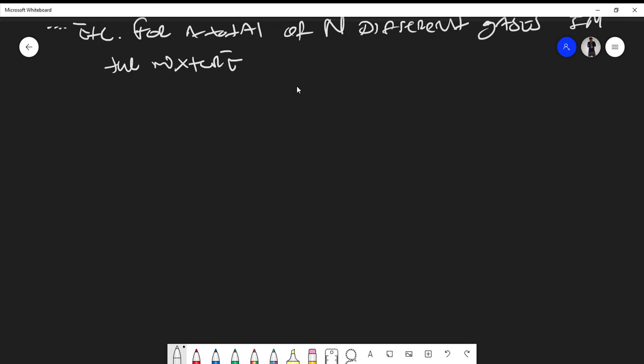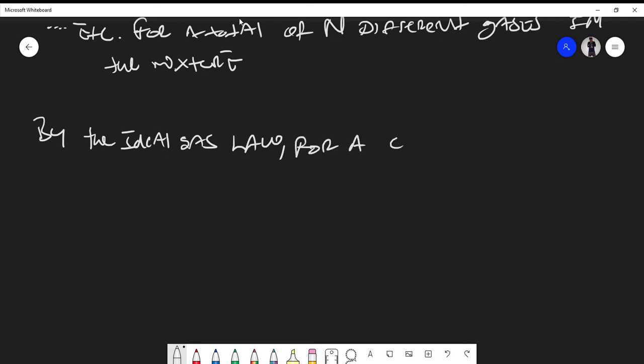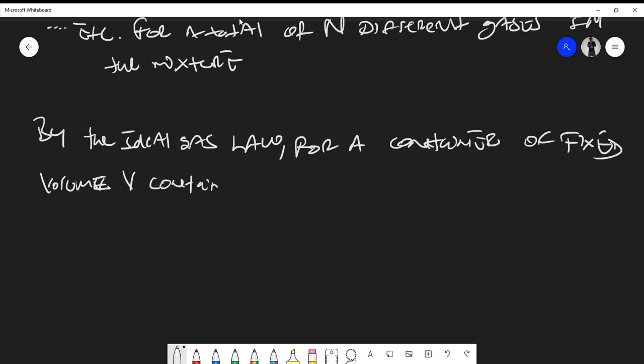By the ideal gas law, for a container of fixed volume V containing these n gases, we're using n for gases and V for volume.